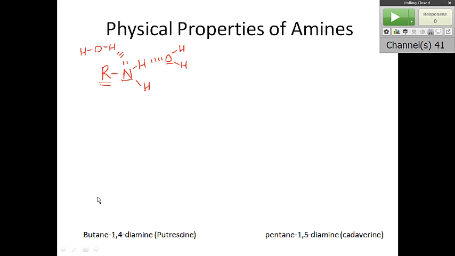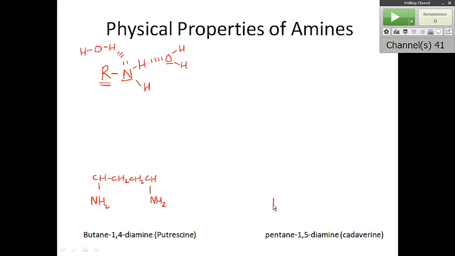There's actually butane-1,4-diamine, which would have the NH2, and then the 4 carbons here, and then another NH2. So butane-1,4-diamine is also called putrescine, which I think the name pretty much tells you what that is.